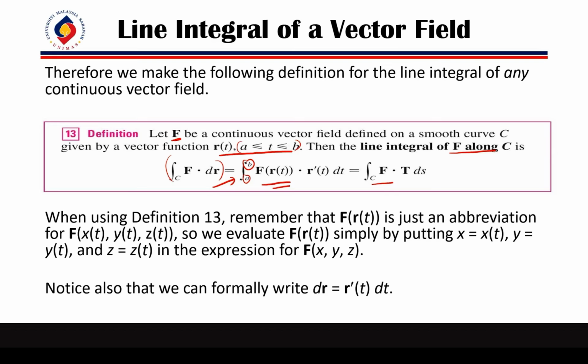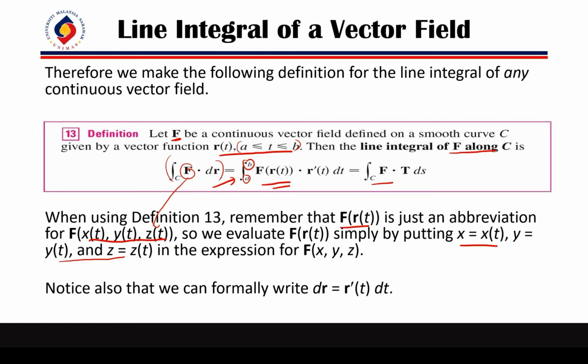Alright, so when using the definition, remember that F(r(t)) is just an abbreviation of F(x(t), y(t), z(t)). That means you have to express the force, the vector F here, in terms of t. So we evaluate F(r(t)) simply by putting x equal to x(t), y equal to y(t), and z equal to z(t) in the expression of F(x, y, z).